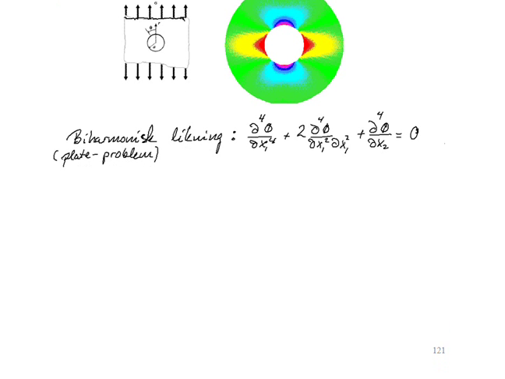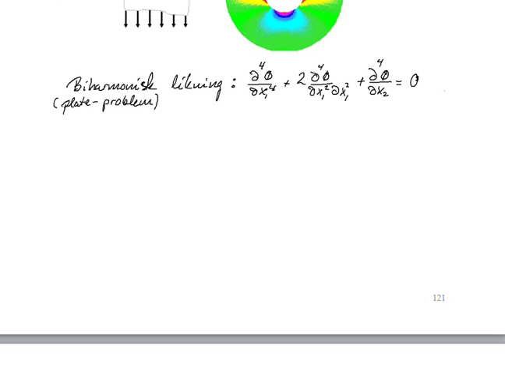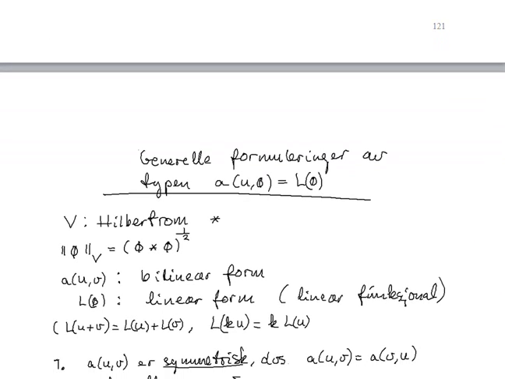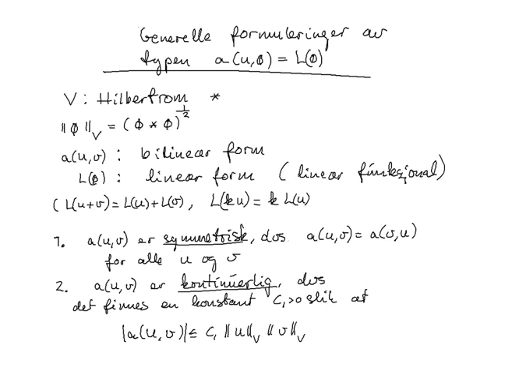So there are many types of equations in physics which we want to analyze, and all these types of equations can be described in such a way. The bilinear form is then different, and the linear form here is also different. And we will now show you some general rules for this.